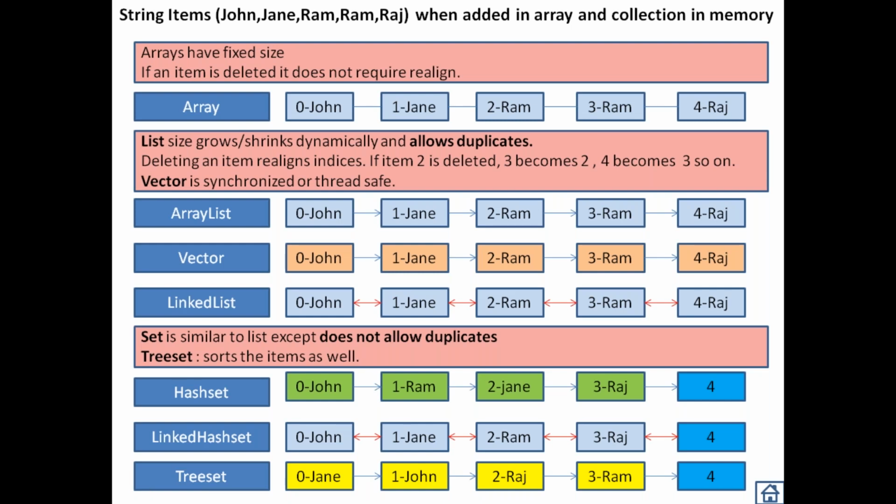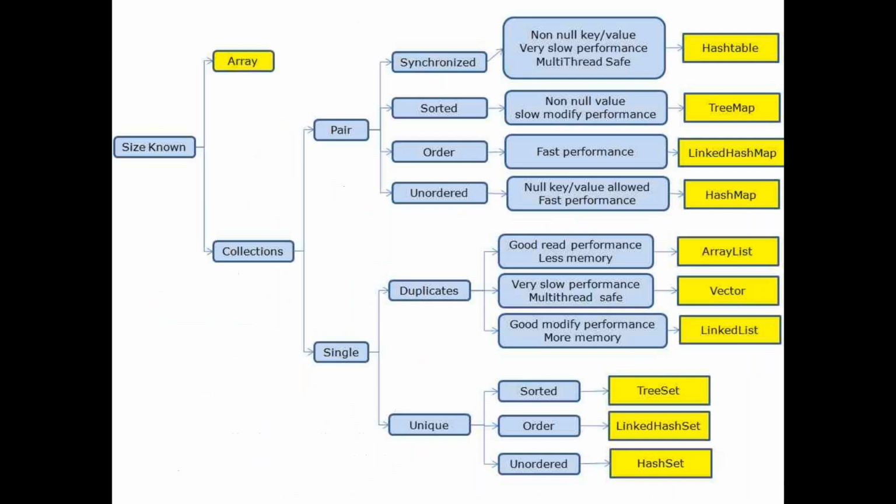Okay. So before I show you all the methods, let's look at this. When you are deciding what you want to do, these are all possible ways to support a group of objects. Array is a group of objects. ArrayList is a group of objects. Tree set, map, they are all groups of objects.